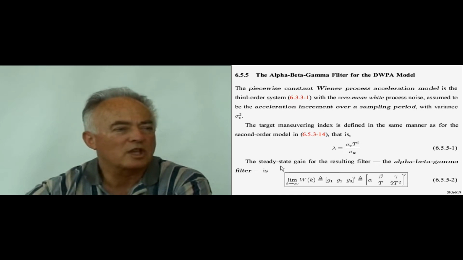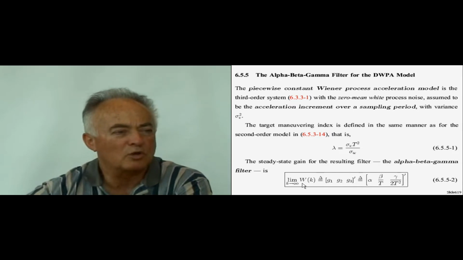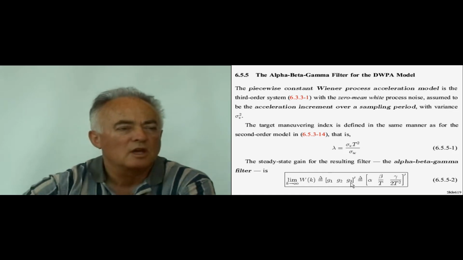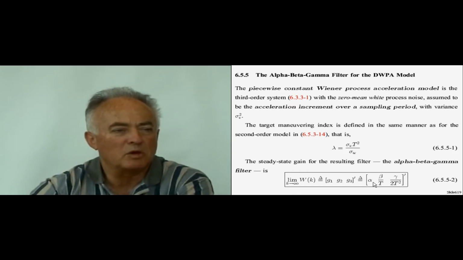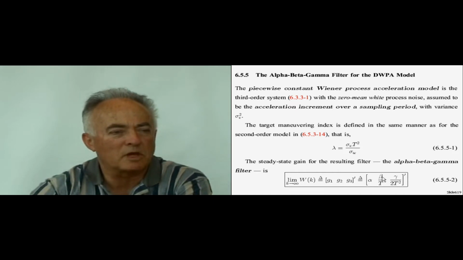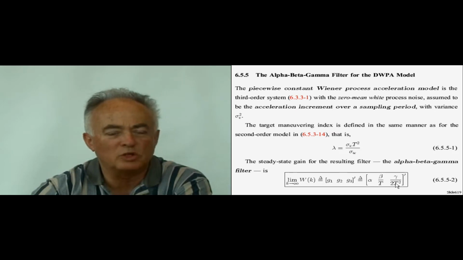And the steady state gain of the resulting filter, which is called alpha beta gamma filter, the W_k converges as k goes to infinity to a vector of three constants g1, g2, g3. Again, the first one is dimensionless, alpha, the second one is beta divided by T, and the third one is gamma divided by 2T squared.